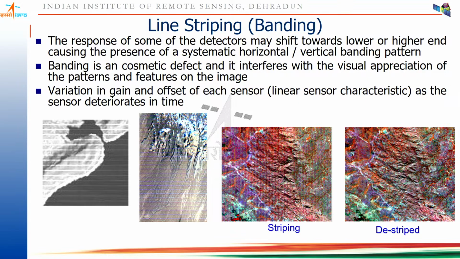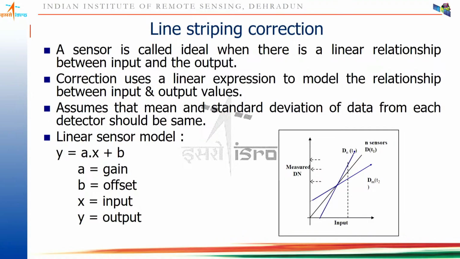That means the gain and offset of each detector is mapped. So this is the correction method: you have an input, which is your faulty detector, and you have an output or a reference detector which has not gone bad over the years. So you map the faulty detector to the correct detector by a linear sensor model.